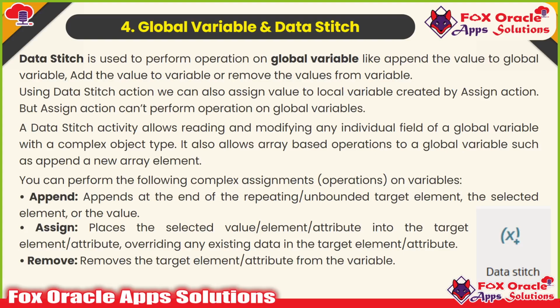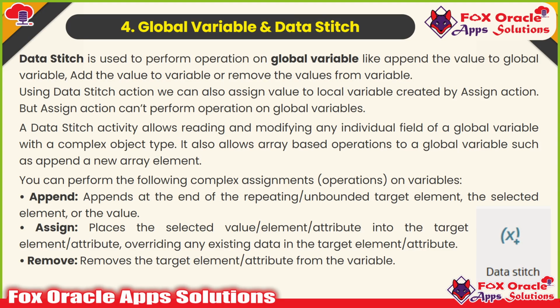That's why we have the data stitch action, used to perform operations on a global variable, such as adding a value to the global variable or removing a value from it. A global variable created as an object has the capability to use a repeated element, so we can make that global variable an array.